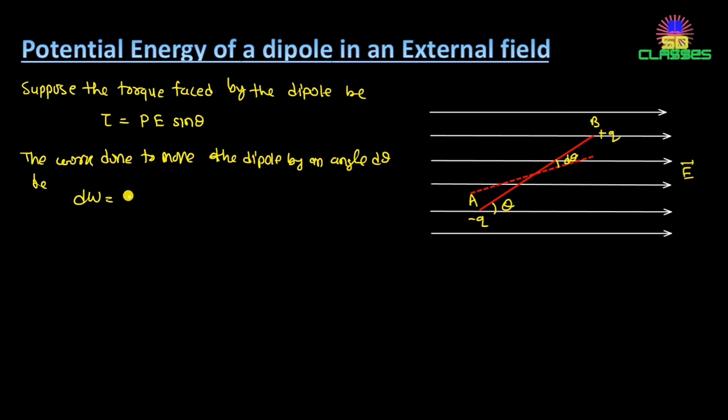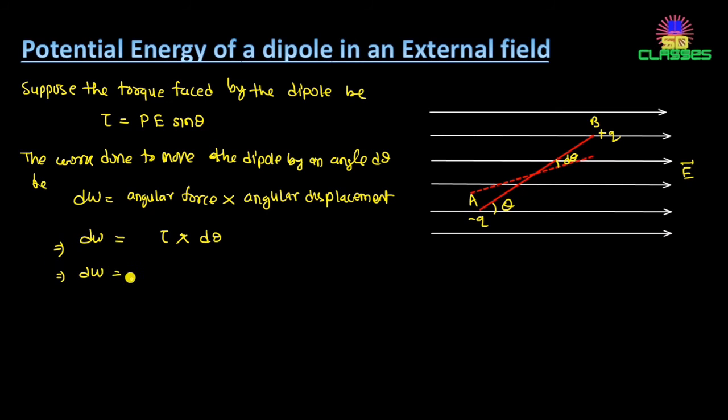So this will be your angular force into your angular displacement. So the angular force is tau and the displacement is d theta. Okay, so dW will be equal to tau d theta.